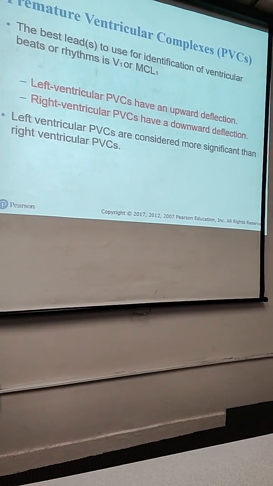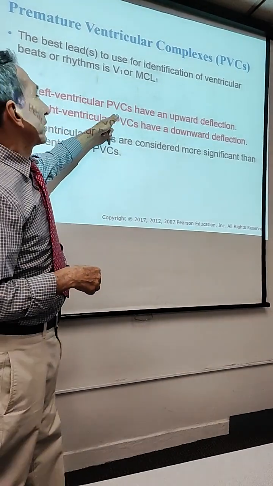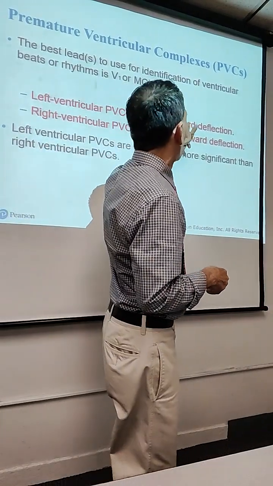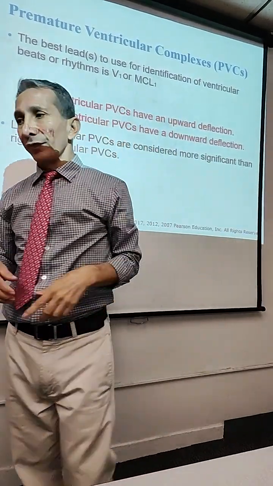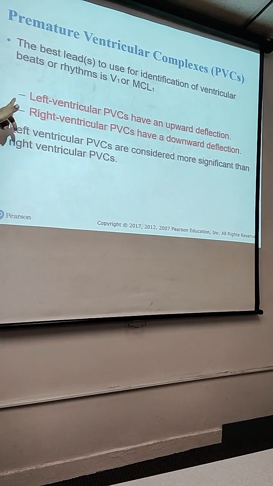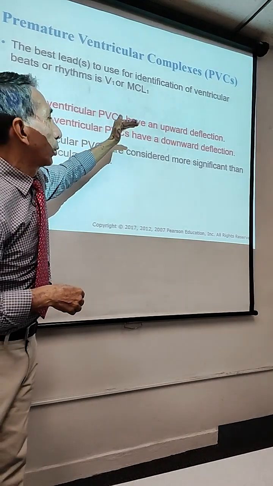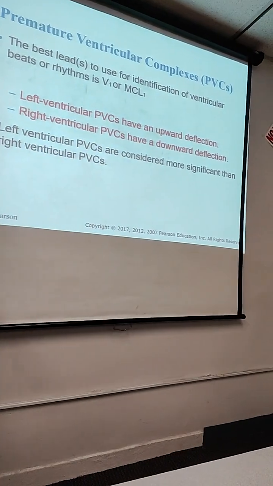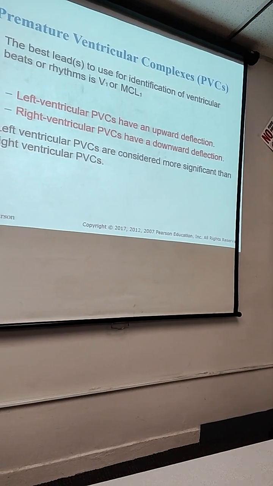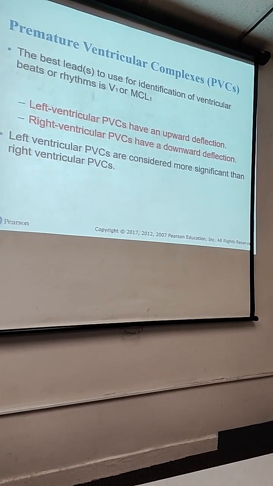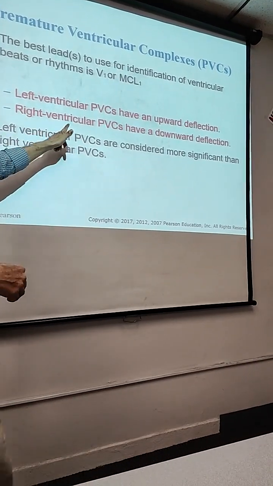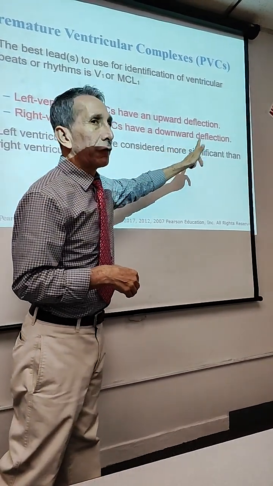It says right here, left ventricular PVCs have an upward deflection. See? Left ventricular PVCs have an upward deflection, positive deflection. Right ventricular PVCs have a downward deflection.